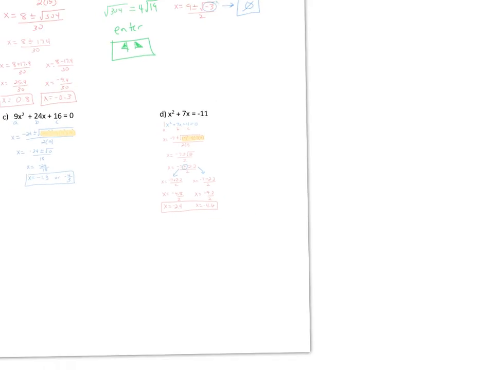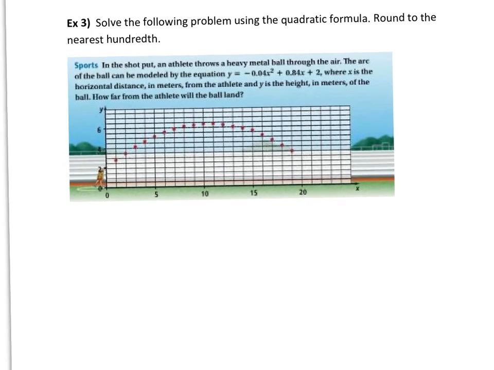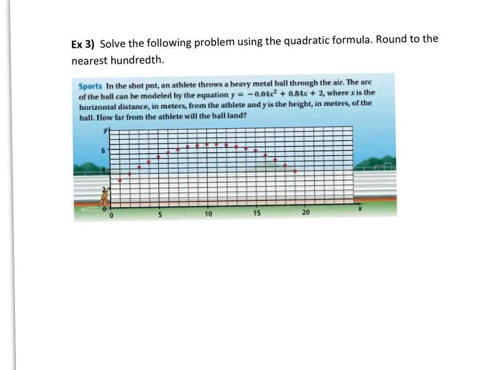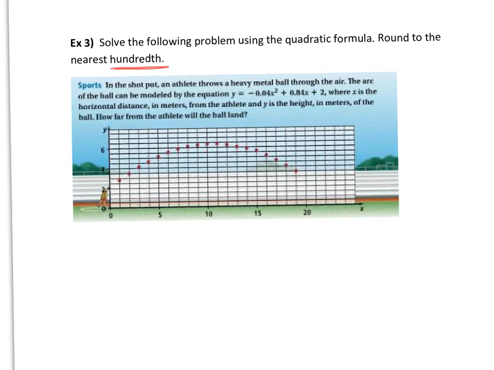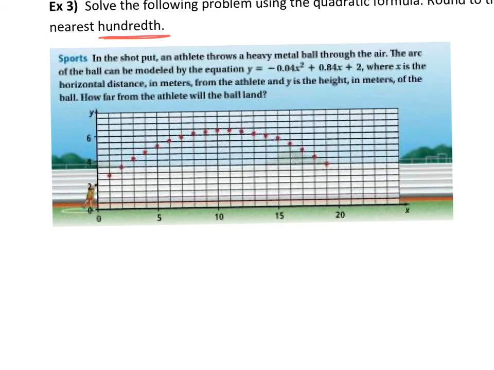Okay. All right, last problem here. It wouldn't be a day if I didn't throw a word problem at you. Okay, now in this one, this says round to the nearest hundredth, so I'm going to go 2 decimal places on this. In the shot put, an athlete throws a heavy metal ball through the air. The arc of the ball is modeled by the equation, where x is the horizontal distance and y is the height.